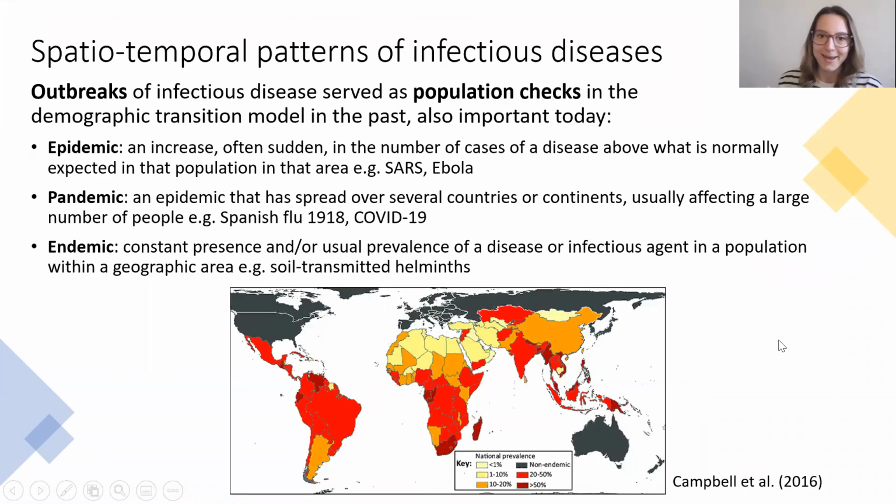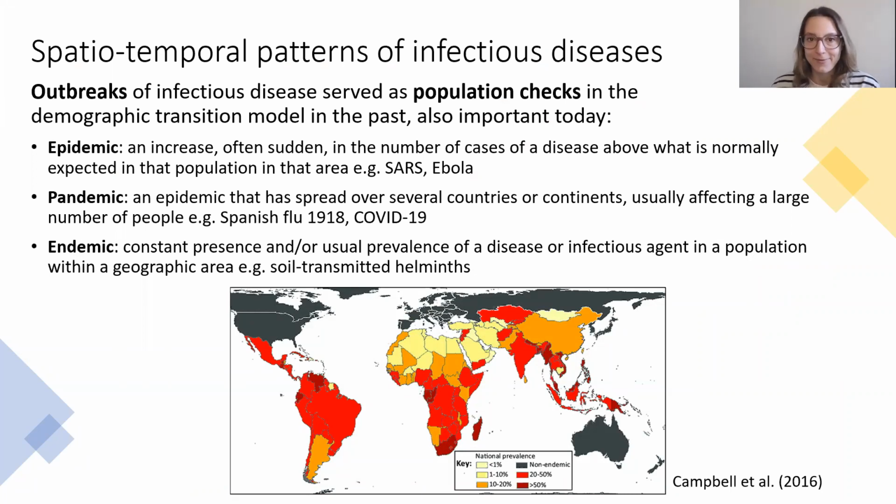Before we get into how the demographic transition model relates to the epidemiologic transition model, I figured we should actually define what we mean by outbreaks of infectious disease. We've been talking about a lot of these words throughout the course of the last couple of weeks, but it's probably a good time to actually define them and to make sure that we're all using consistent definitions.